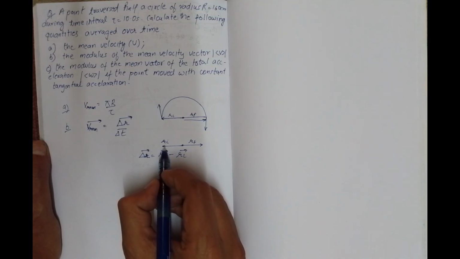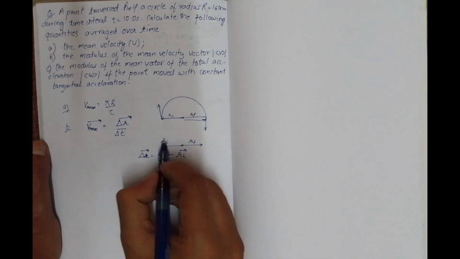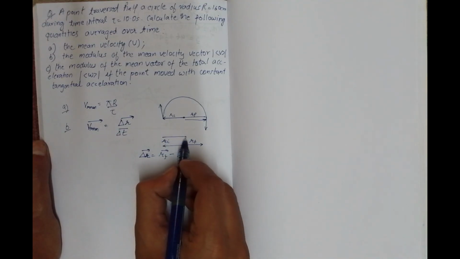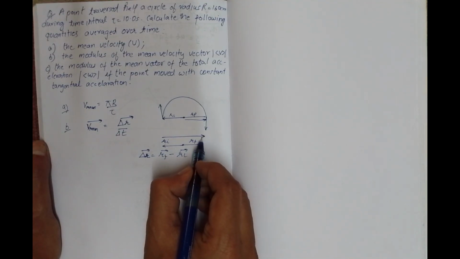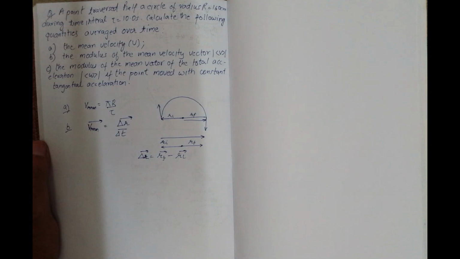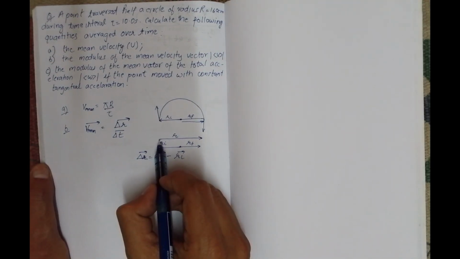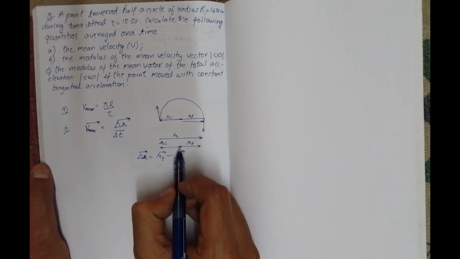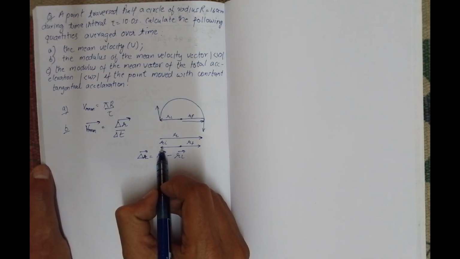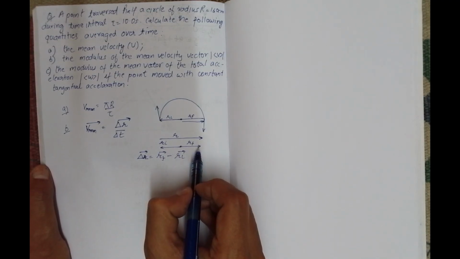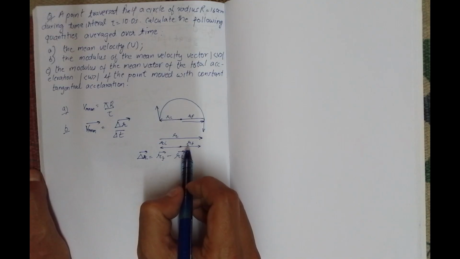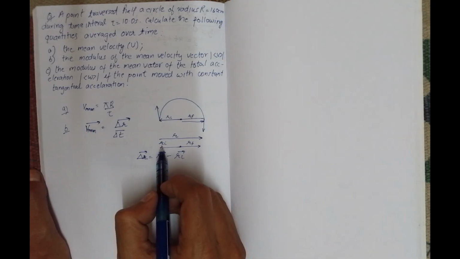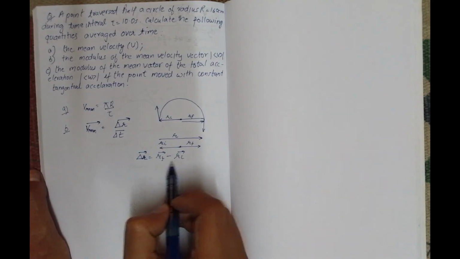So the total, this vector, this will be the resultant. I am calling this the resultant. This is the initial vector. This is the final position vector. We have to find out Rf, the final position vector, minus the initial position vector, which will be this, right?